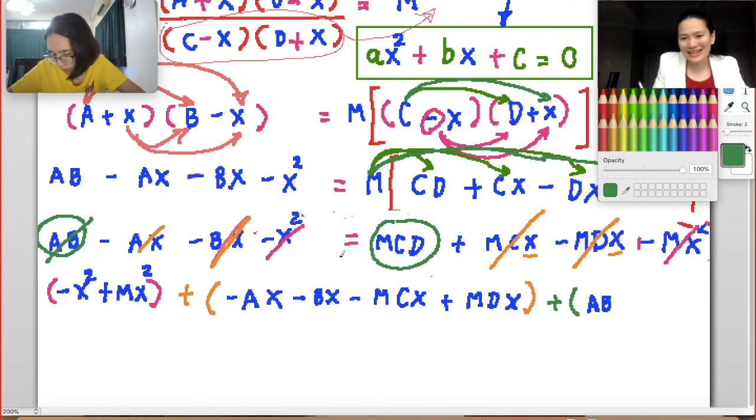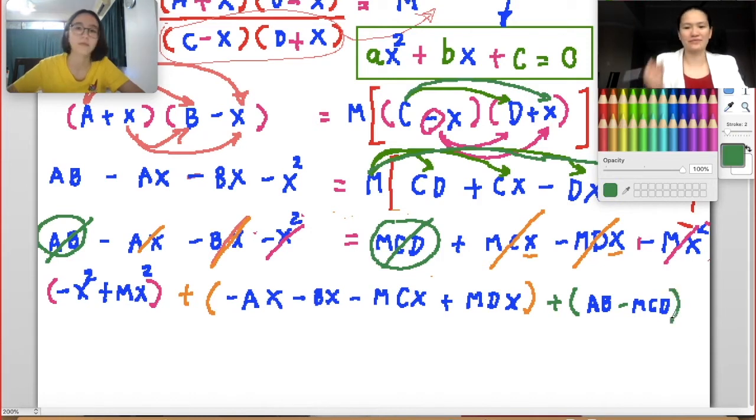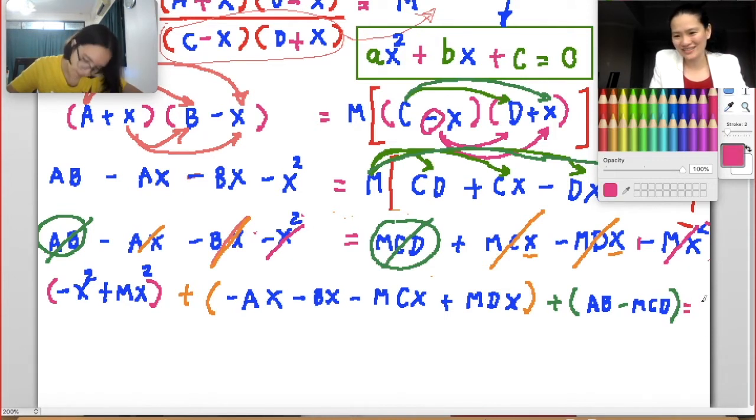So that means MCD tends to be negative MCD. And this one equals 0.